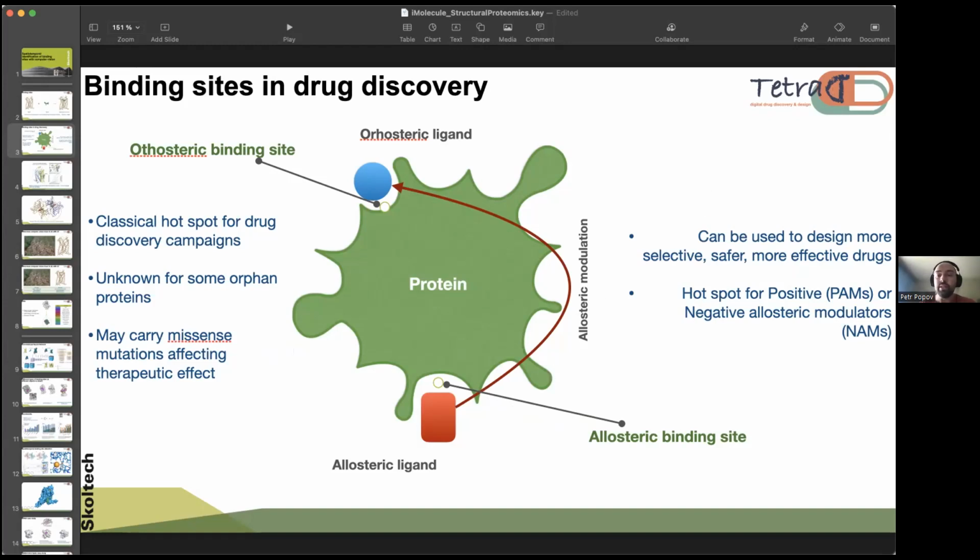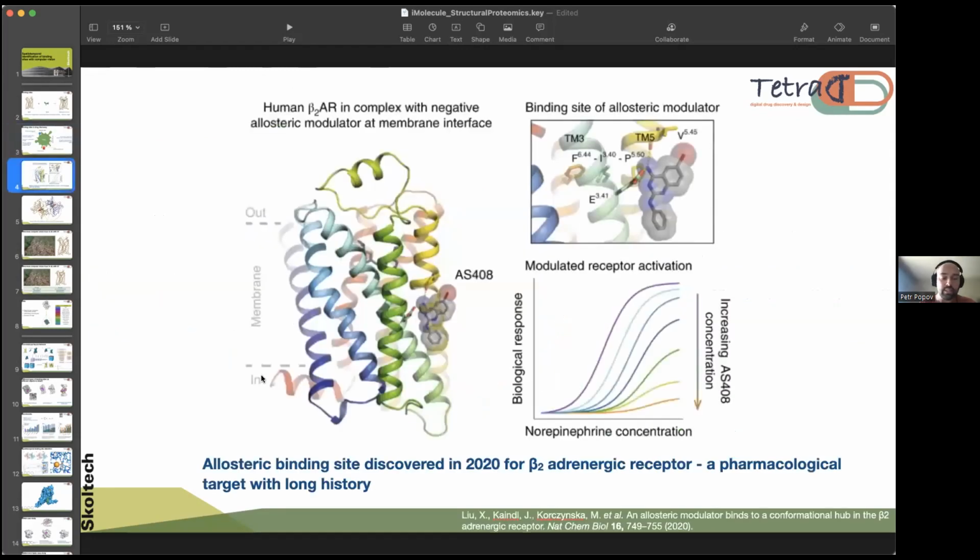So allosteric binding sites can be used to design more selective, safer, more effective drugs, and typically to discover negative or positive allosteric modulators. The next thing to notice is that we still do not have the entire map of orthosteric and allosteric binding sites, even for well-known proteins.